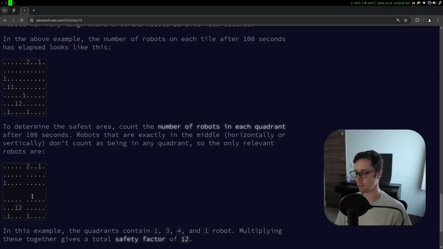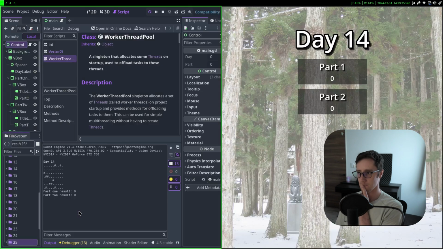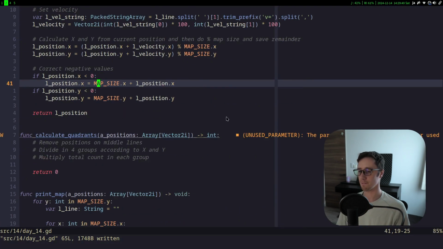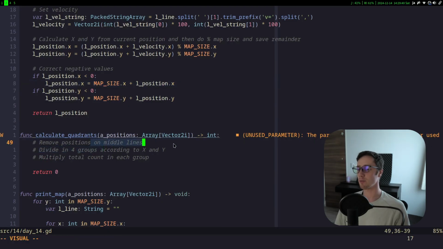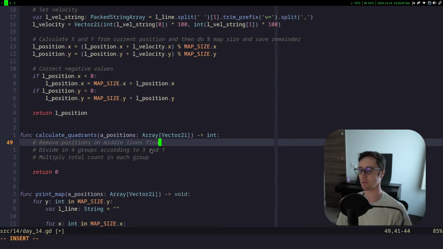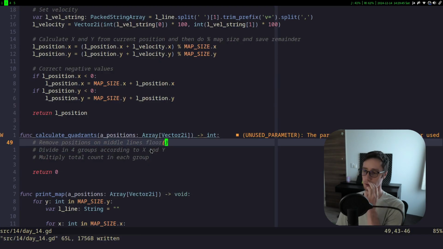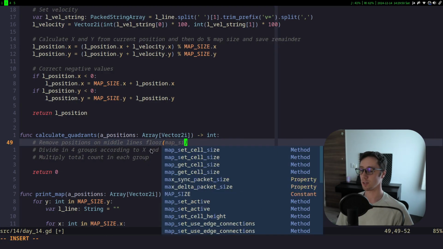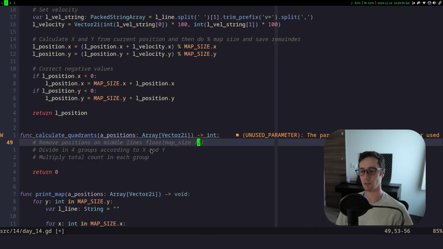Now we need to divide the thing in 2, and I think floor that level. Basically remove the lines from the middle by using the floor function, map size divided by 2. So it's not going to be too difficult.